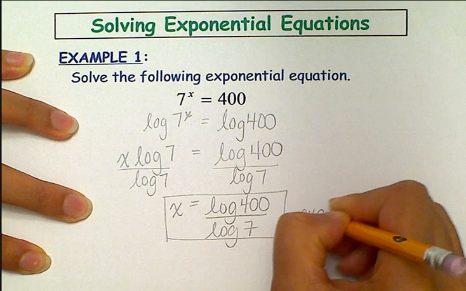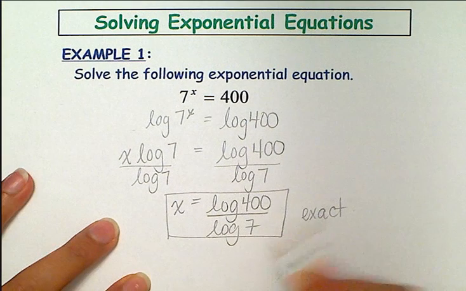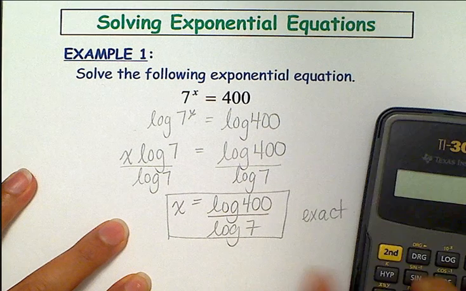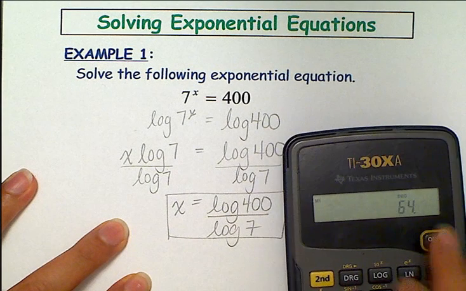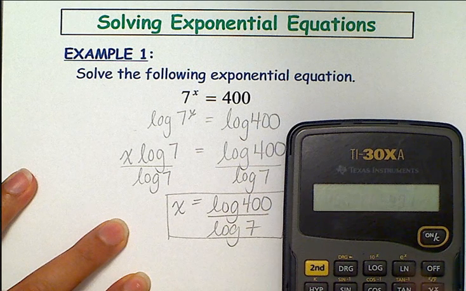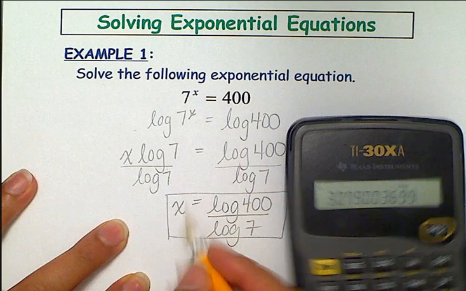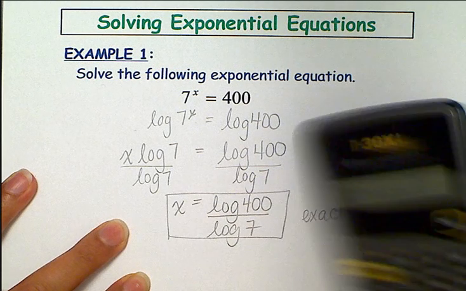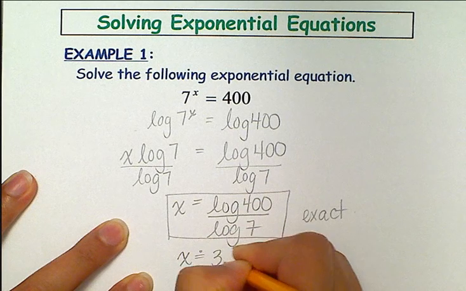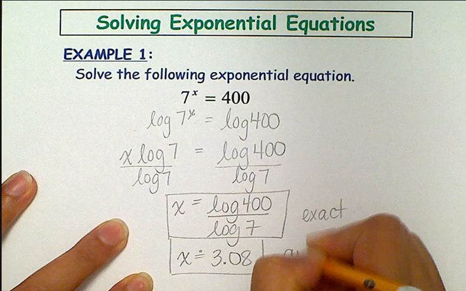Now if I wanted to approximate this, because the logs in the numerator and the denominator are both common logarithms with a base of 10, I can use my calculator. Log of 400 divided by the log of 7 gives me an answer of about 3.08. So x is approximately equal to 3.08. So this is the approximate answer.